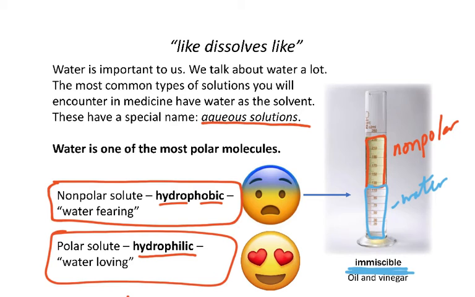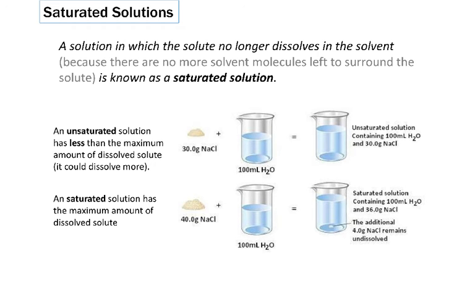Okay, so you've been thinking in your mind about the limits of dissolving, right? That I mentioned last slide. That at some point you're going to run out of water molecules or solvent molecules to go around your solute, right? And so this limit, a solution in which the solute no longer dissolves, is known as a saturated solution.